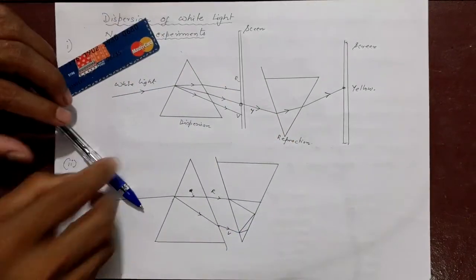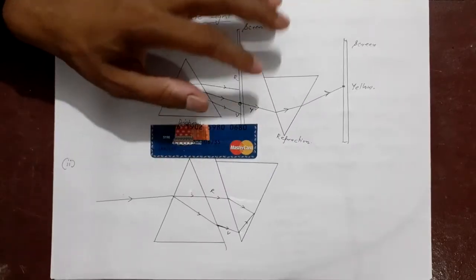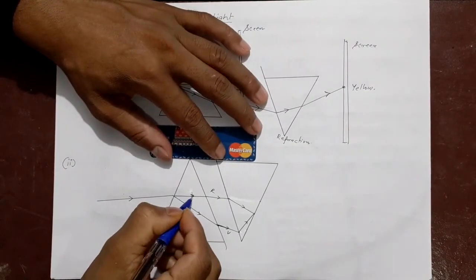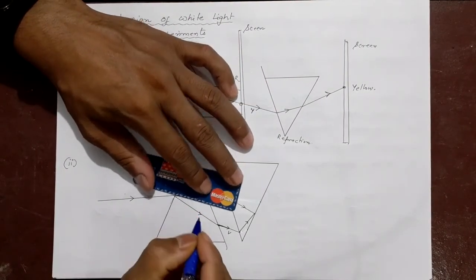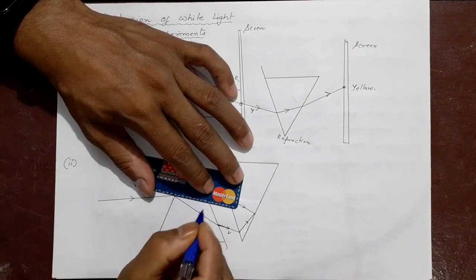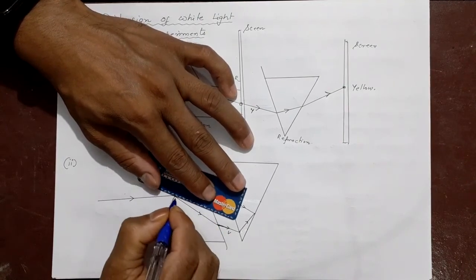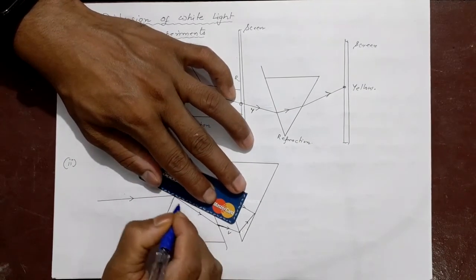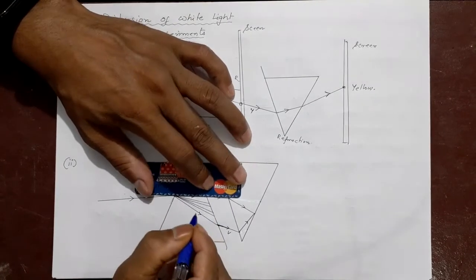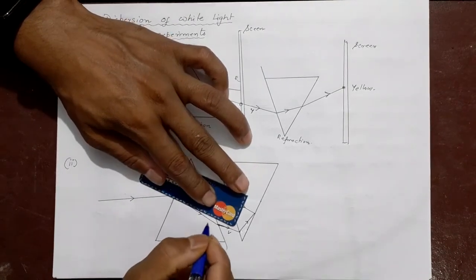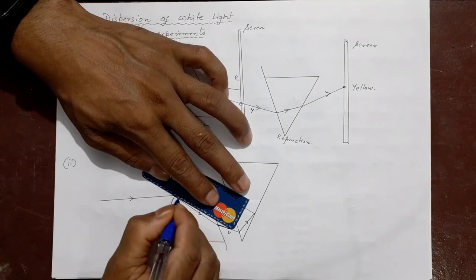Like this they will, so I have corrected them. This is the light. You should have all the 7 colors here, 1, 2, 3, 4, whatever possible you draw, 5, maybe this is the 6th and 7th.